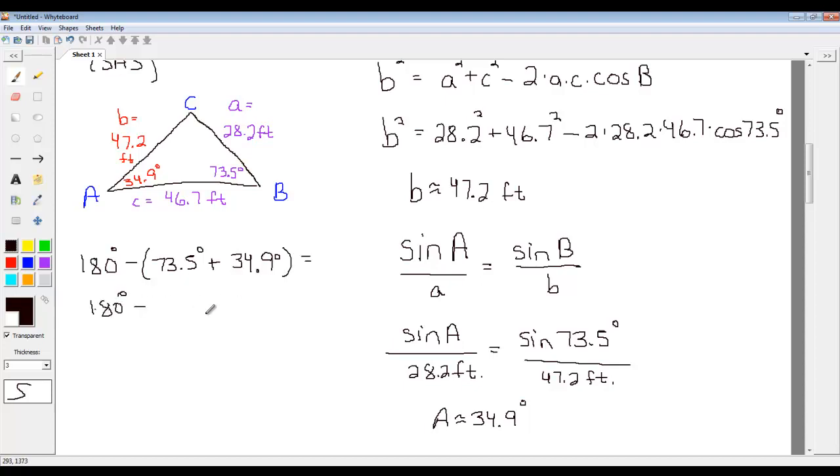Let's see, add those together. And then subtract from 180. So we got 71.6 degrees. And now we have solved that oblique triangle.